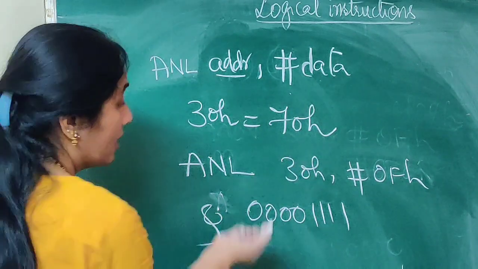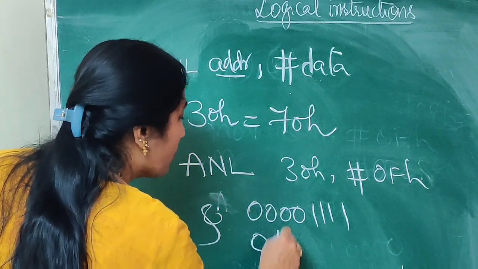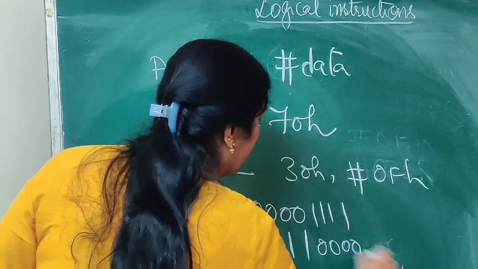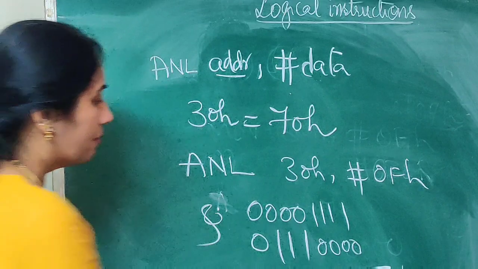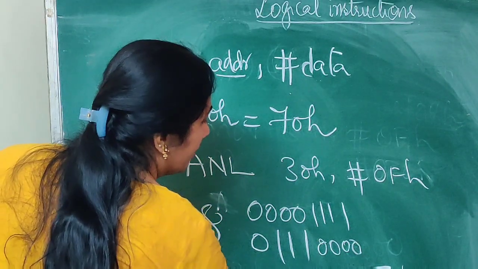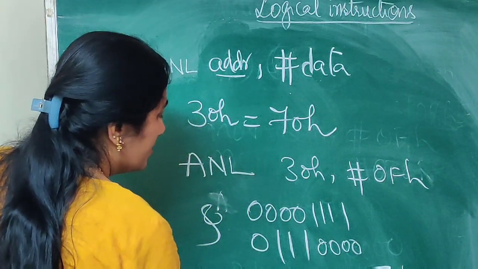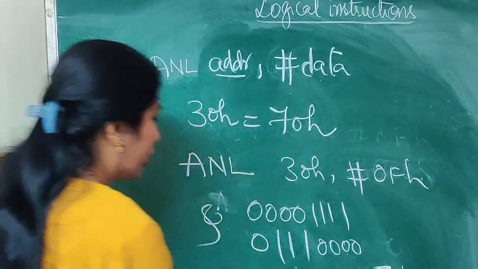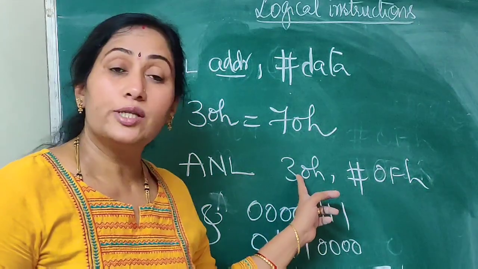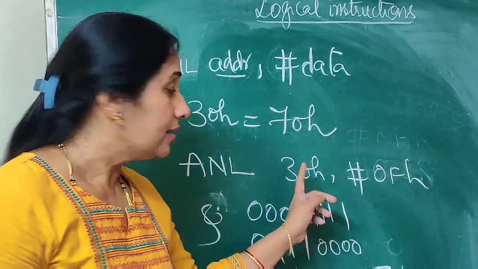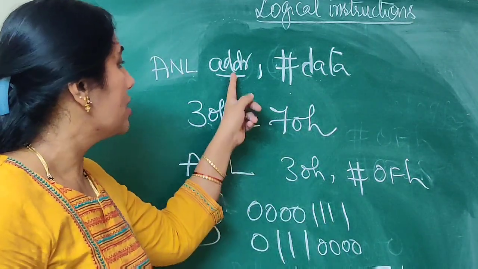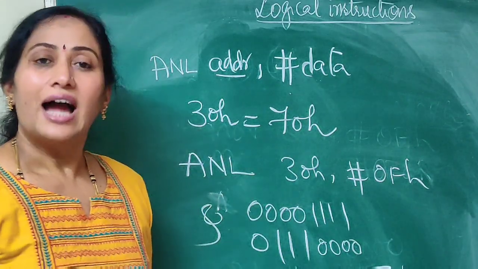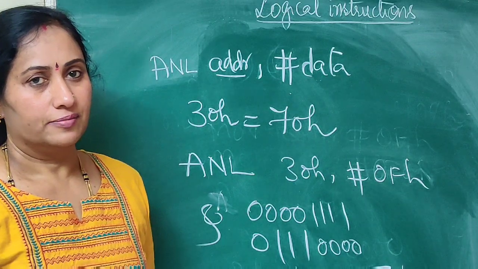That is 70 hex. What is 7? 7 is 0, 1, 1, 1. And 0 is 0, 0, 0, 0. I have written the binary equivalent. So you can see over here, the final result is going to be 0, 0, 0, 0. And where is this result going to be stored? The result is going to be stored in the internal RAM, that is the destination address, that is 30 hex. So this is going to be the AND operation.